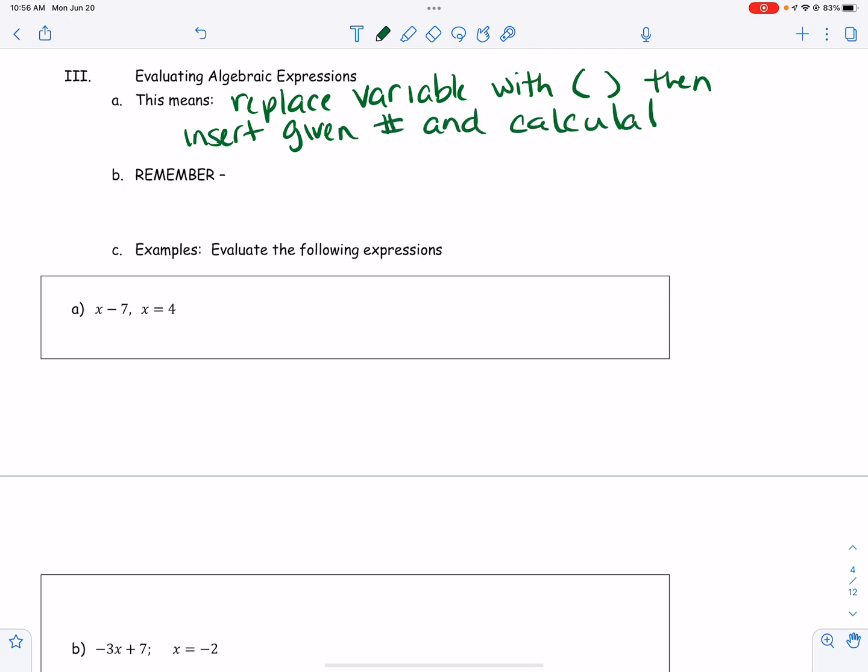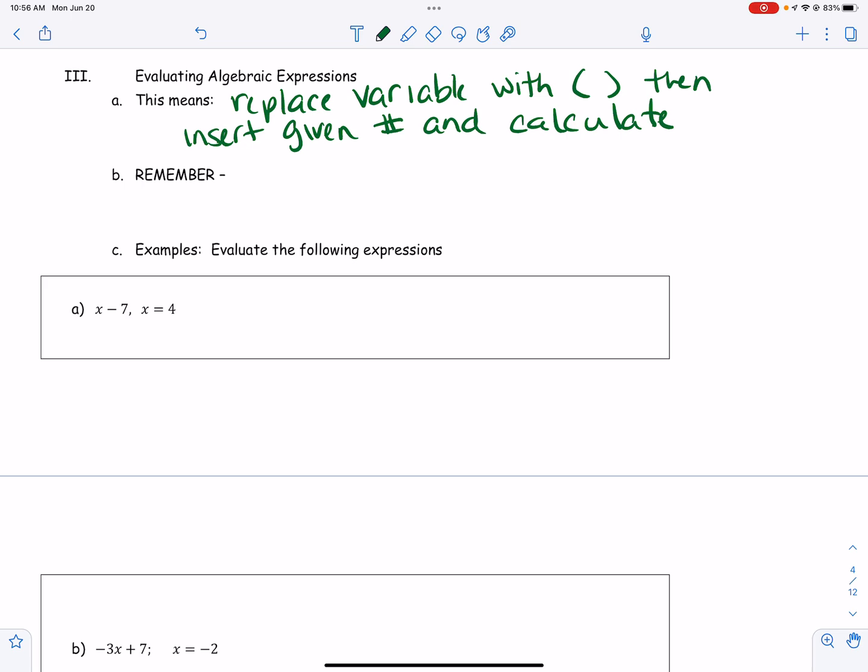When we are evaluating an algebraic expression, you are going to get a single solution, a single number as your answer. Your x is going to disappear because you are replacing your x, your y, whatever you have, with the given value.